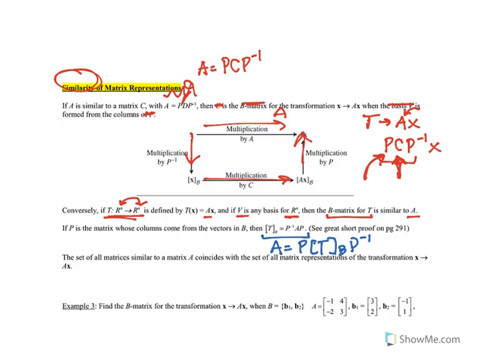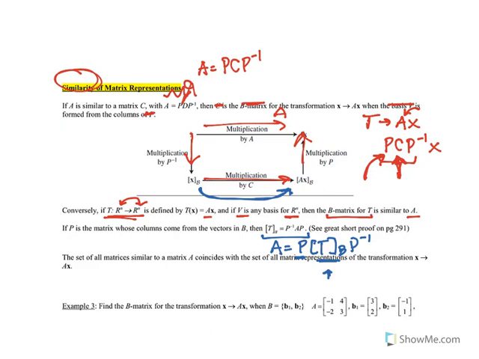Okay, this transformation matrix, the description of the transformation while in the basis B, is this T_B right here. Okay, so if I can say that any matrix that A is similar to, as long as I've got the basis vectors lined up in P, is going to be that transformation matrix. That makes describing the transformation a whole lot more flexible.